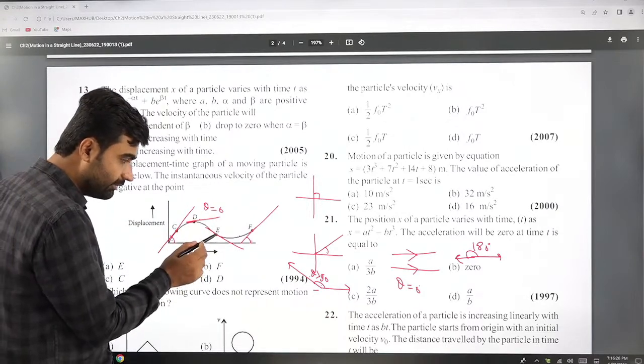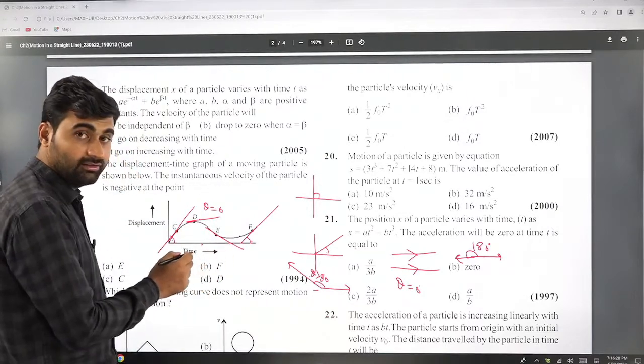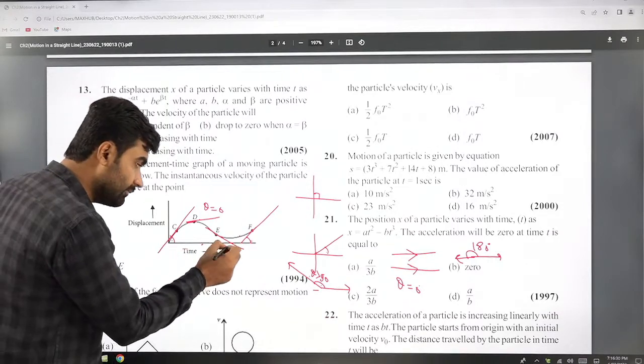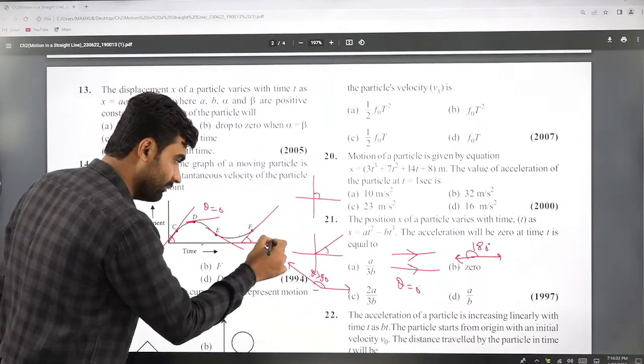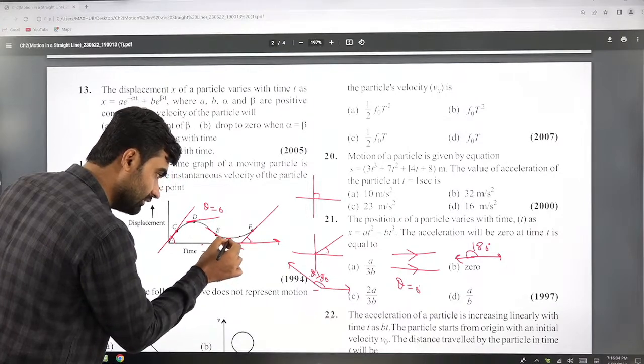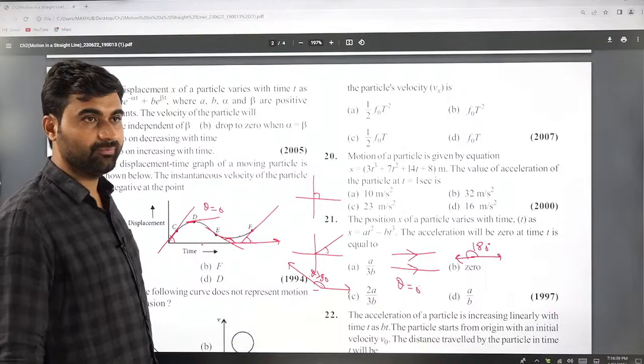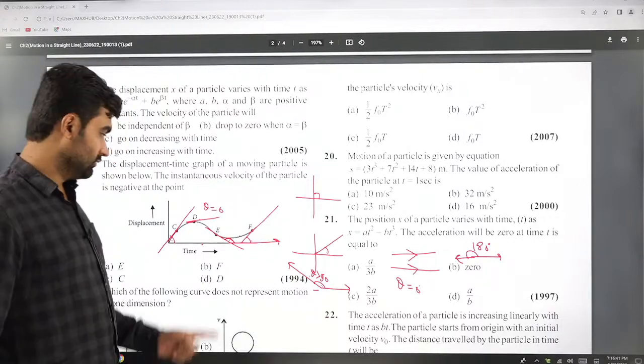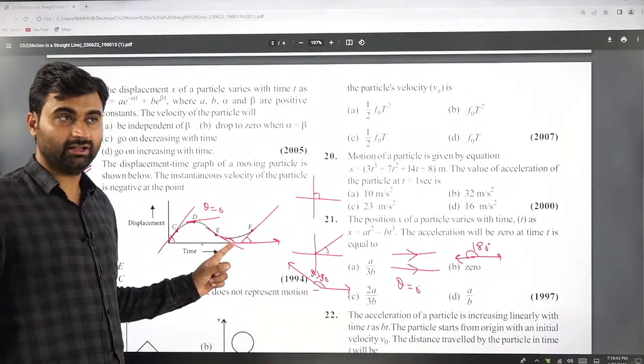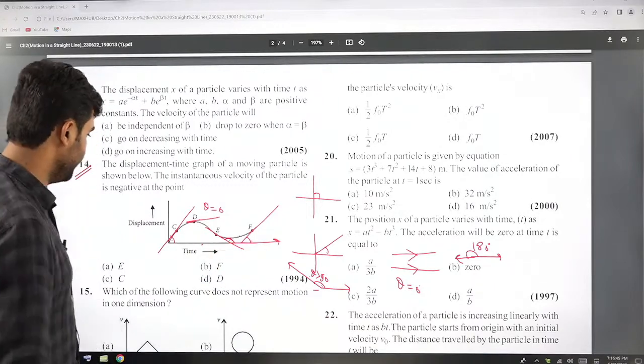But here, if you count the angle from the horizontal line to this line, this is the total angle, and you can see this total angle is greater than 90. Is it clear? So this total angle is greater than 90, right? Okay.